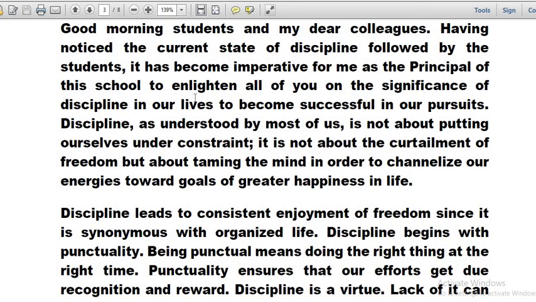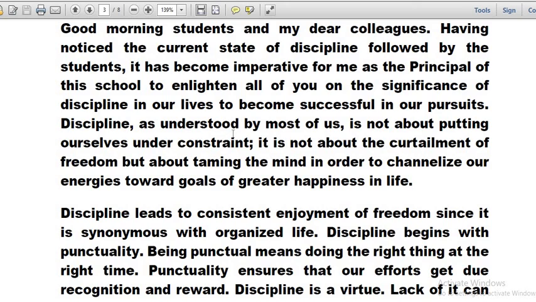That is the meaning of the term enlighten. All of you on the significance of discipline in our lives to become successful in our pursuit. So as a principal, you want to say something about the importance and significance of discipline, because if we are disciplined right now, then obviously later in our life we will be very successful.